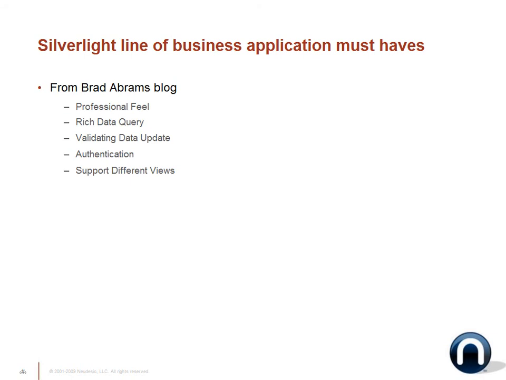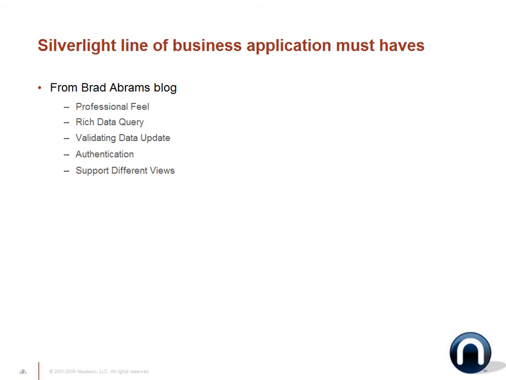And lastly, if we have time, we'll talk about supporting different views, and this can mean a bunch of different things. So it could be using the same domain service for multiple front ends. So I mentioned the ASP.NET domain data source. So you build a domain service once, and it can be consumed by both Silverlight and ASP.NET.